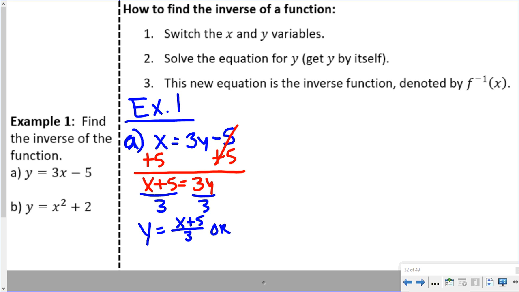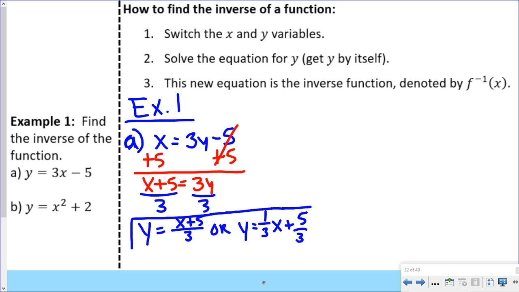Or let's write this so we could actually plot it using slope-intercept form. So then that means we have to divide this 3 into both the x and the 5. So what that gives us, remember, would be 1/3 x plus 5/3. So I would take either one, or if this was the EOC, they would only put one of those on there.